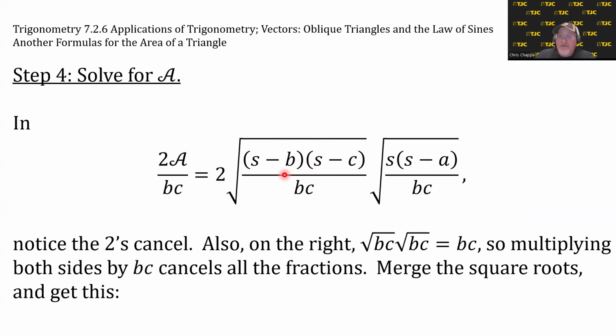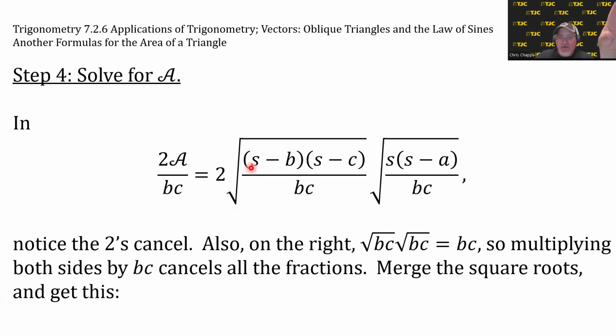So we would have in both denominators the square root of BC times the square root of BC. But the square root of BC times the square root of BC is BC. So on the right side, the denominator simplifies into just BC, which is the same denominator on the left side. So if we multiply both sides by BC, the fractions would cancel. So the 2's are gone and all the denominators are gone.